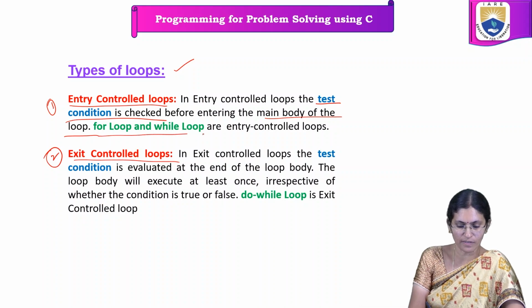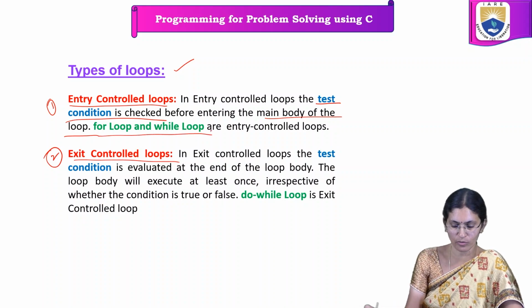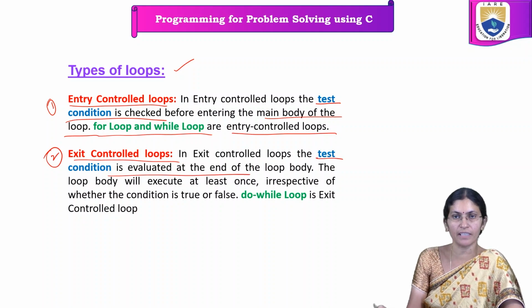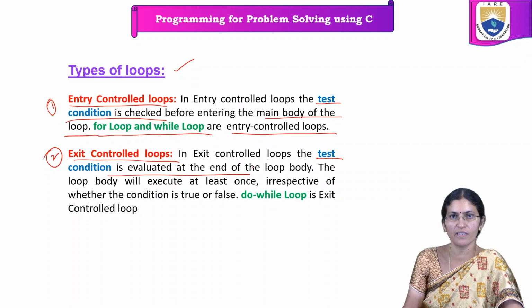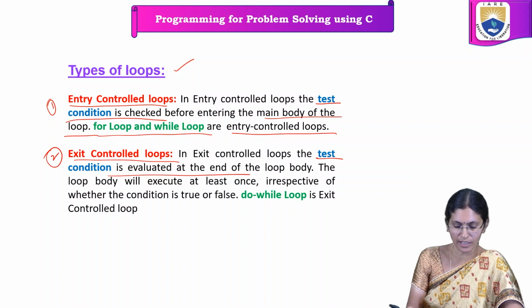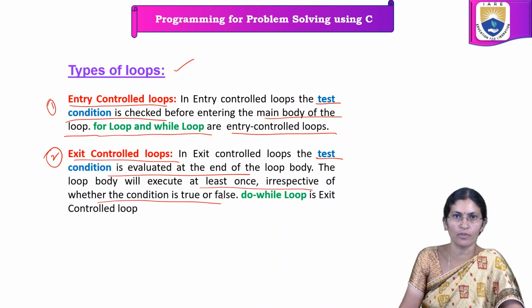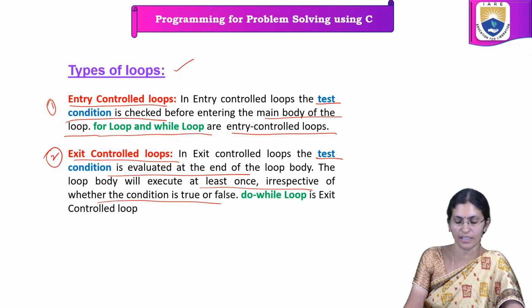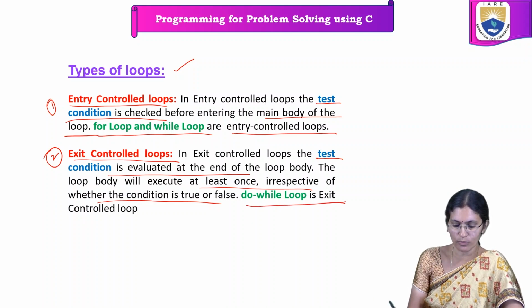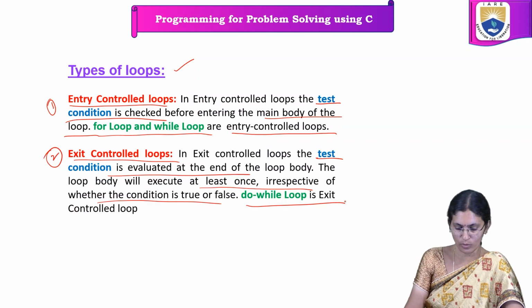Examples are for loop and while loop. Both of them are entry control loops. In an exit control loop, the test condition is evaluated at the end of the loop body. The statements in the do while loop are executed at least once, irrespective of whether the condition is true or false, and after that the condition is checked. So do while loop is an example of an exit control loop.